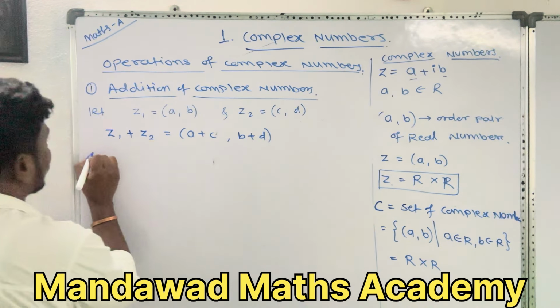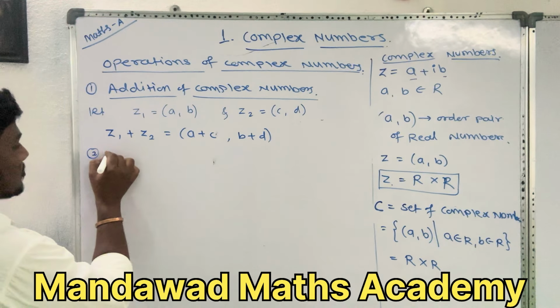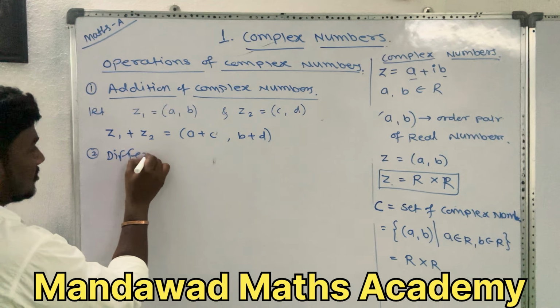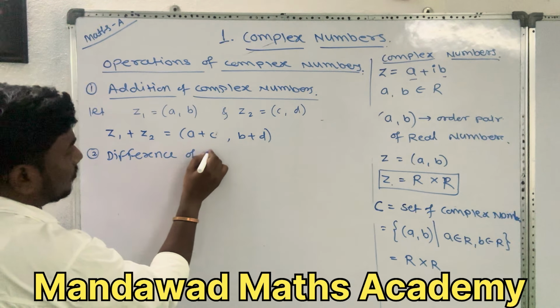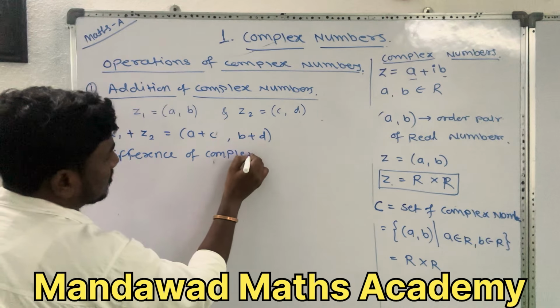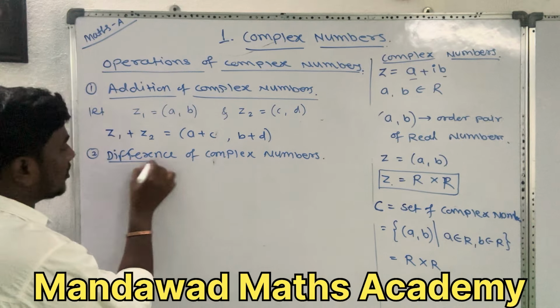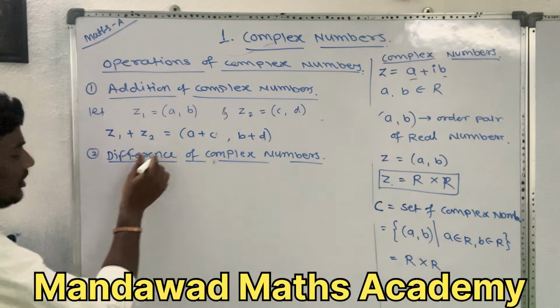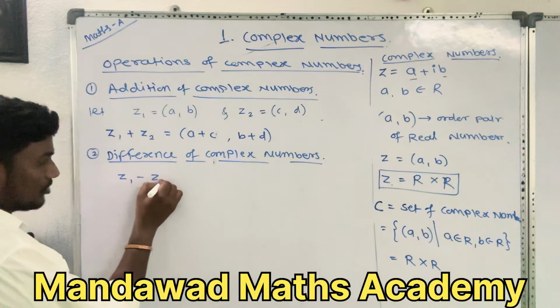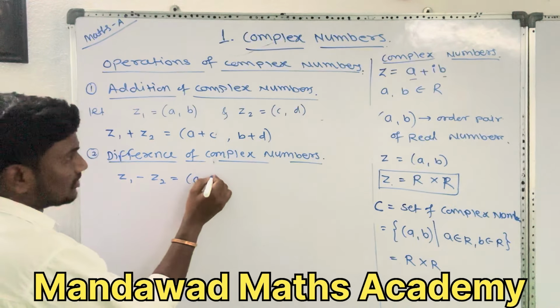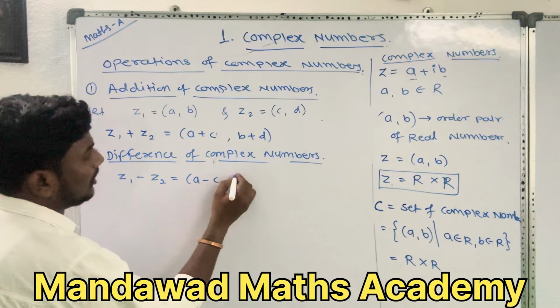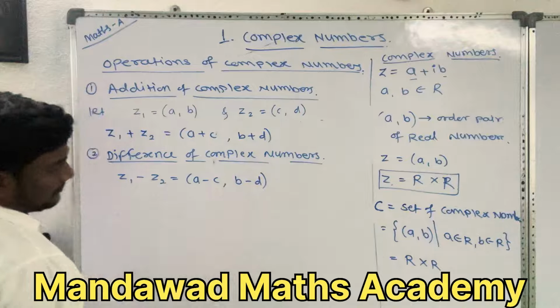Next is subtraction of complex numbers, or the difference of complex numbers. You can remember the same thing here: Z1 minus Z2 is equal to (a minus c, b minus d).